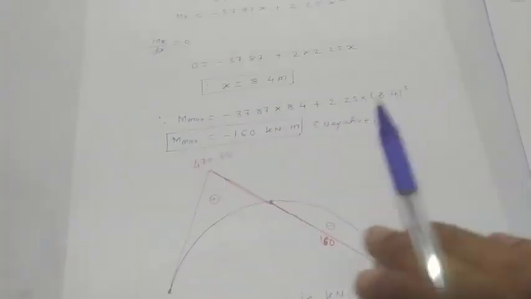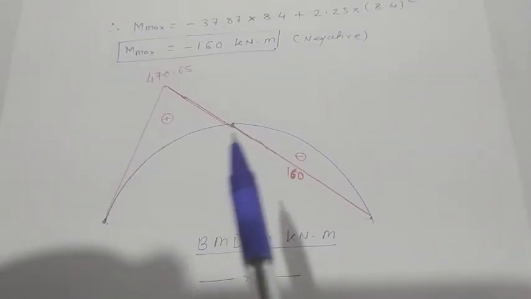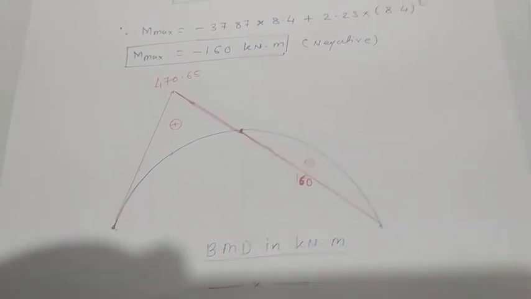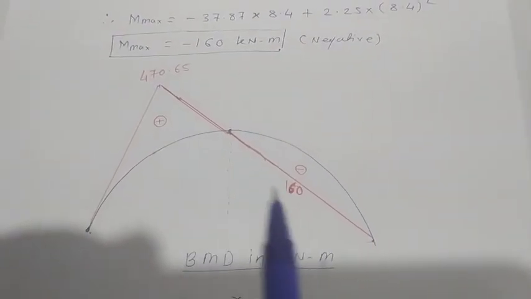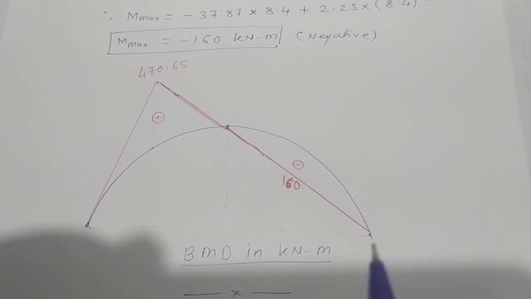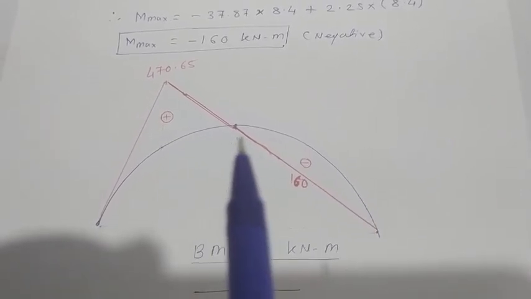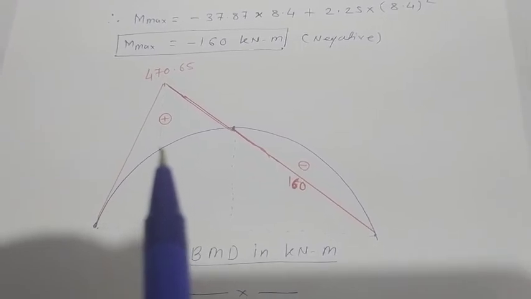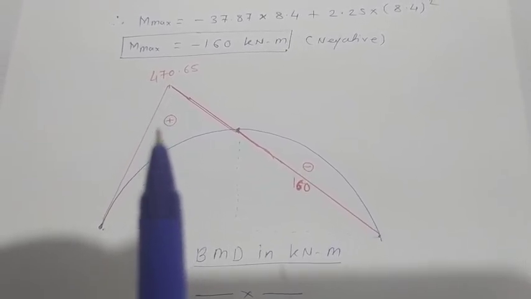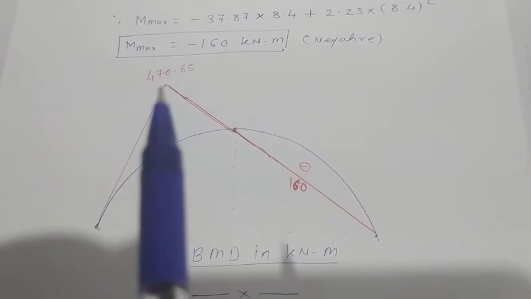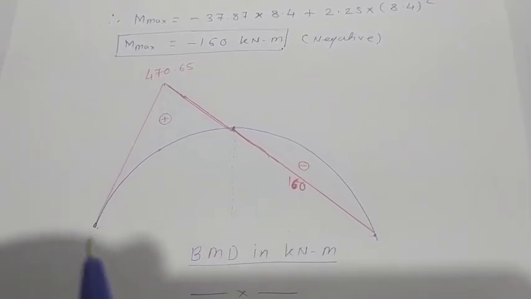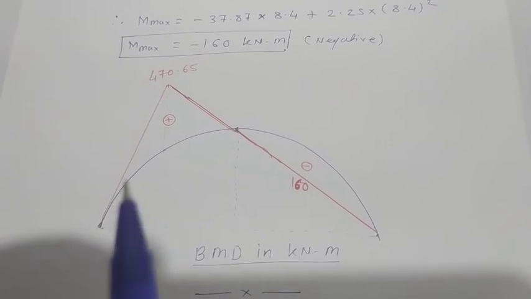So simply just draw an arch with the three hinge points. Just draw a straight line from this hinge to this hinge and extend it up to this point. This point is the point load point. Just extend this at that point and join this one, and just join these two points.